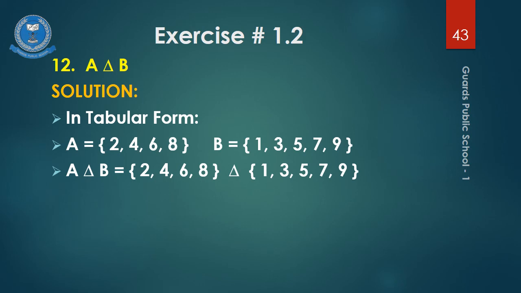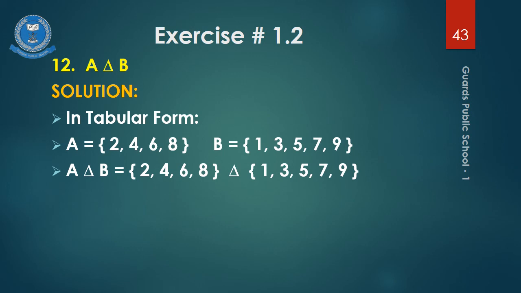Pay attention here, in symmetric difference we do not write common members, we only write non-common members of the two sets. Can you tell me any member in common between these two sets? Set A is a set of even numbers 2, 4, 6, 8, and set B is the set of odd numbers, that is 1, 3, 5, 7, 9.